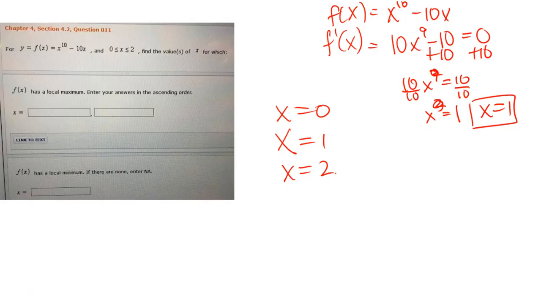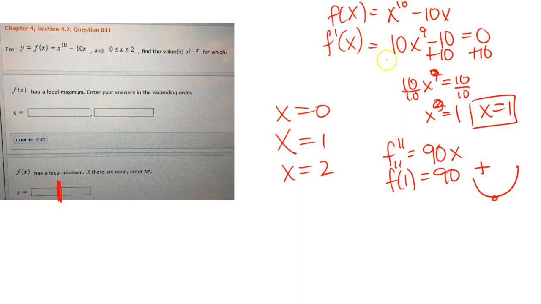All right, if I want, I could decide whether 1 is a local max or min by taking the second derivative, couldn't I? So that would be 90x to the 8th. Now at 1, the second derivative is a positive number, which means it's concave up. So at 1, it should be a minimum, right? So it has a local minimum at 1. All right. Now, this is where we want to figure out the values of these things.